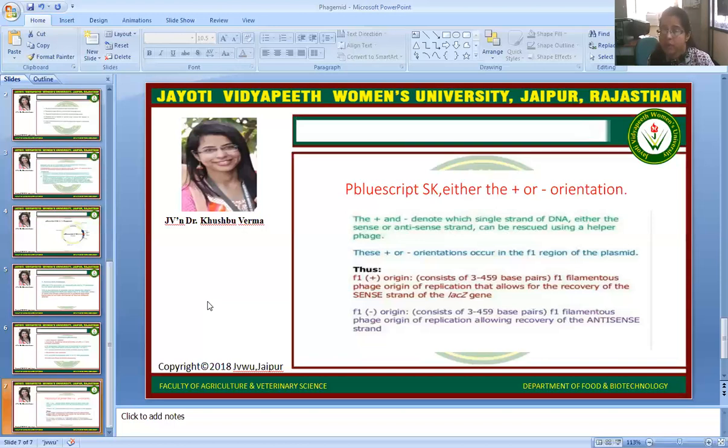Thus, f1 positive origin consists of 3 to 459 base pairs. f1 filamentous phage origin of replication allows for the recovery of the sense strand of the lacZ gene. f1 minus origin consists of 3 to 459 base pairs. f1 filamentous phage origin of replication allows recovery of the antisense strand.